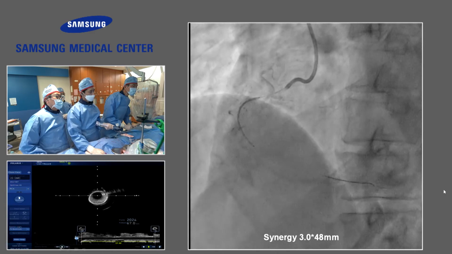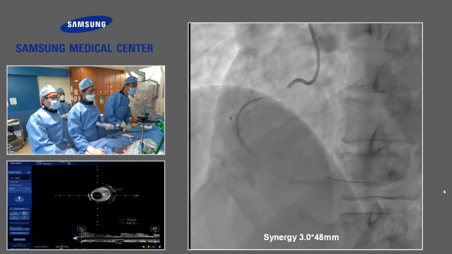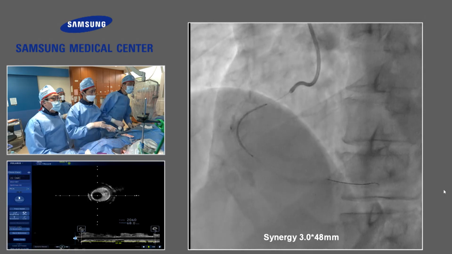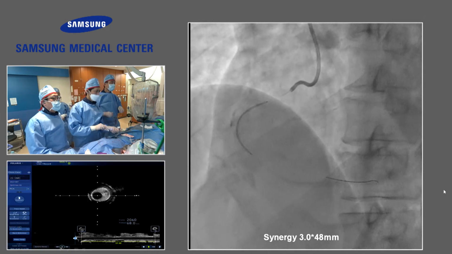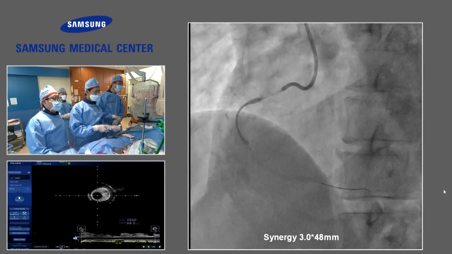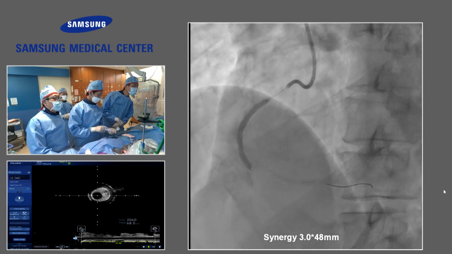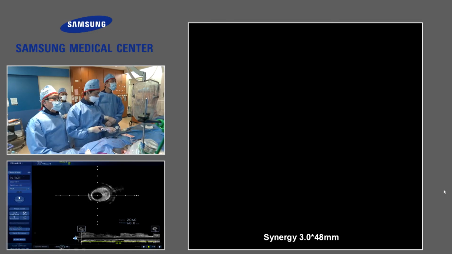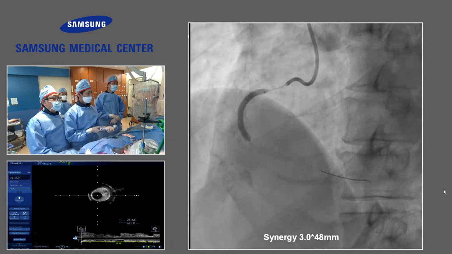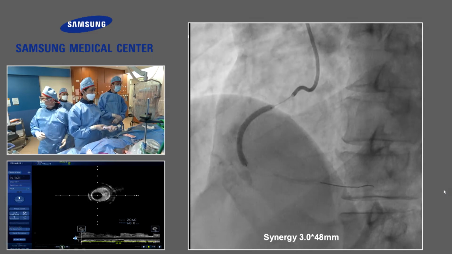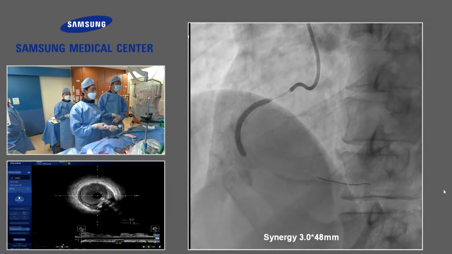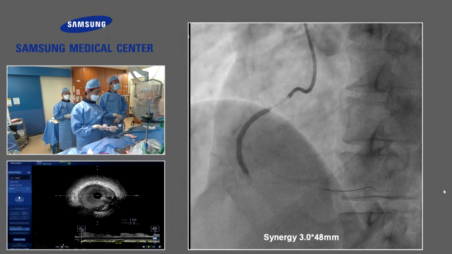It's too deep, but I think it's okay. Inflation. A little bit short. 10, 10, 12. It looks a little bit deeper than you indicated, actually third. Deflation. Inflation.